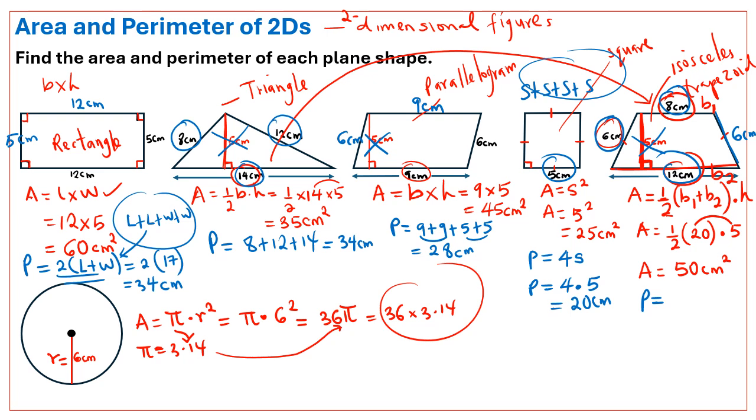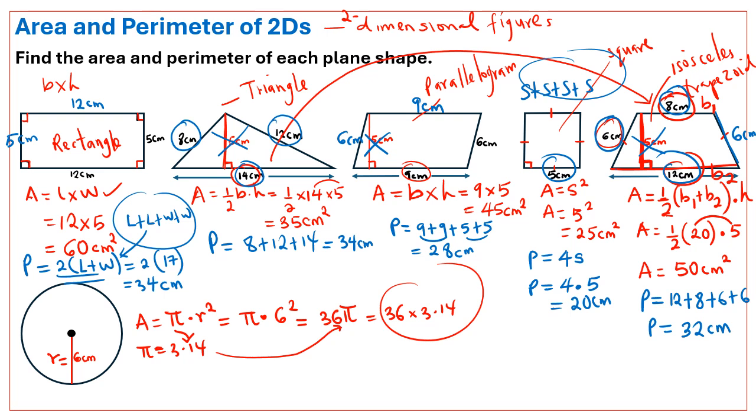So altogether, we have the first base 12 and the second base 8. It doesn't really matter at this time, so you can be 8 plus 12 or 12 plus 8, and then you have plus 6 and plus 6. So your final result will be 32. All right, so this is how you can find the perimeter of a trapezoid.